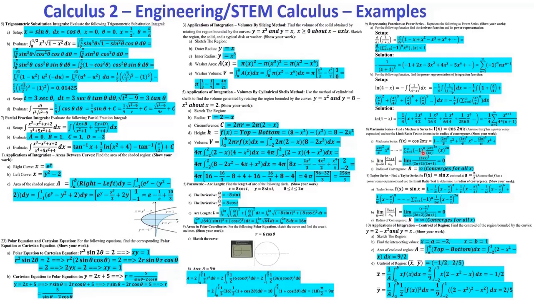It is alternating, so minus 1 to the n, 2 pi to the 2n over 2n factorial, x to the 2n.